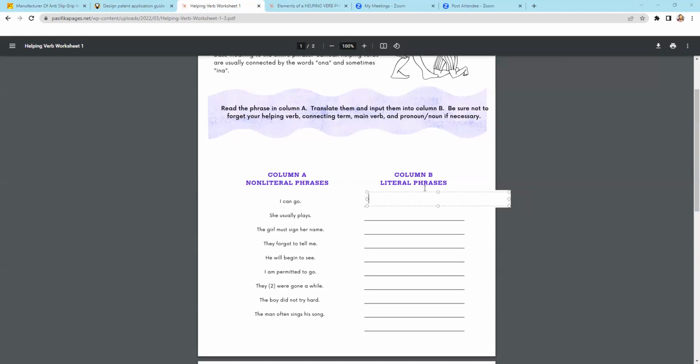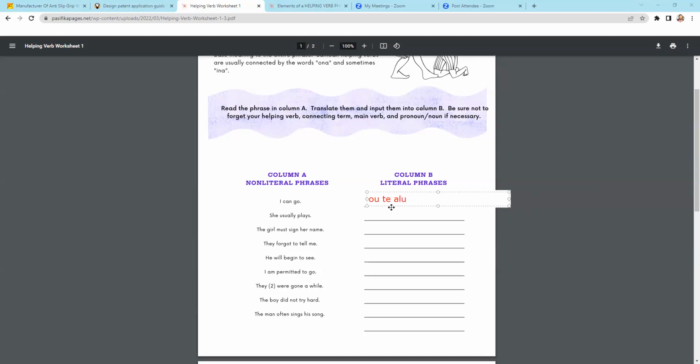What's our pronoun? We'll break it down like that. In Samoan, it's going to be 'o', 'o te alu'. Yep.